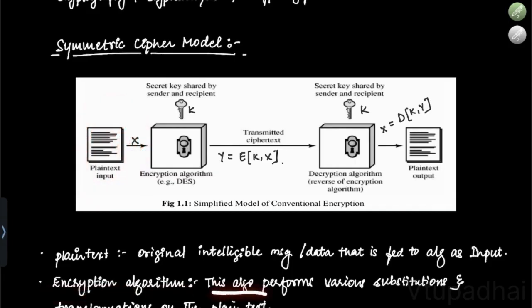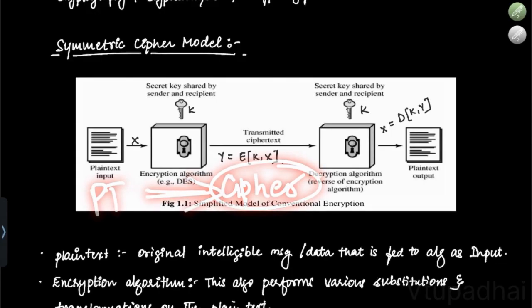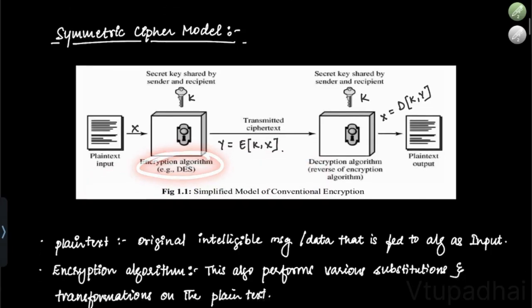The encryption algorithm performs various substitutions and transformations on the plain text. After performing these, we get the cipher. So the input for this algorithm is plain text and the output is cipher. Here it is called the encryption algorithm.